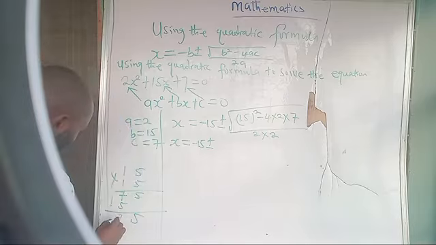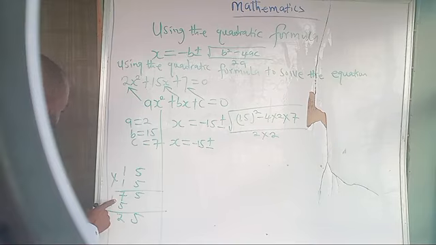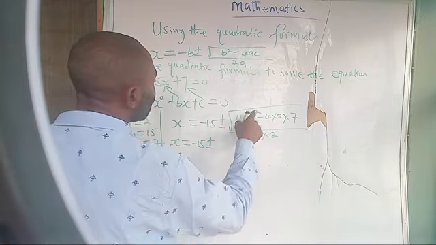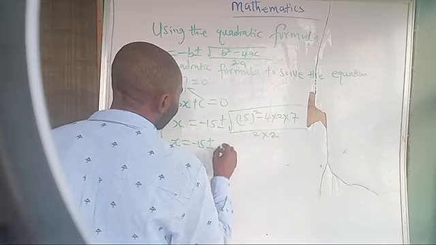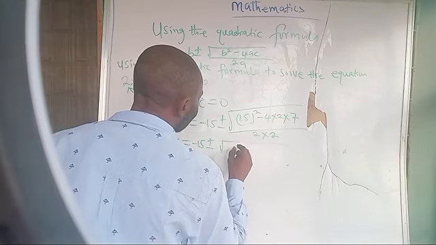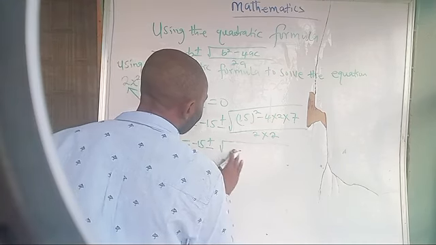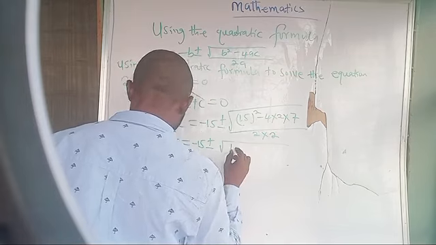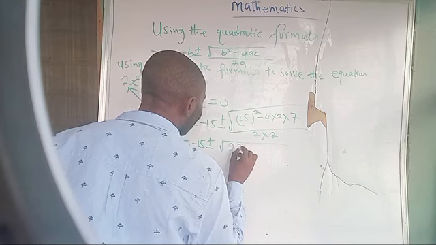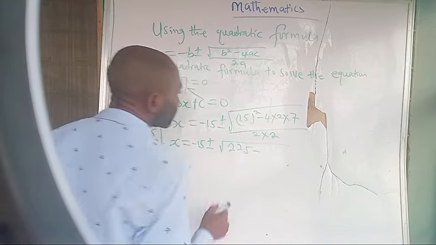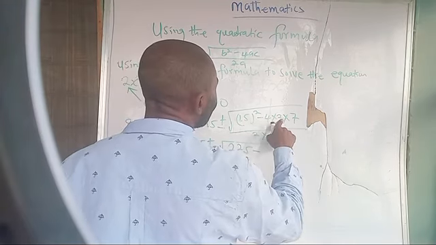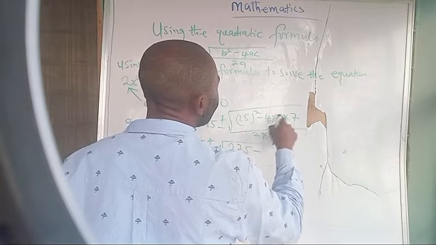You write 2, carry 1, and 1 plus 1 is 2. Which means 15 squared is 225, minus 4 times 2 times 7.